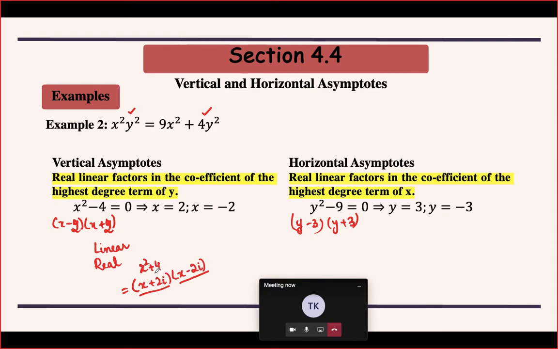So either if you do not have real factors or roots which are real, or if you do not have factors which are linear, then in either of the two cases you would say that this particular function has no asymptotes, either vertical or horizontal, depending on whose coefficient you are taking. Okay, is it fine?